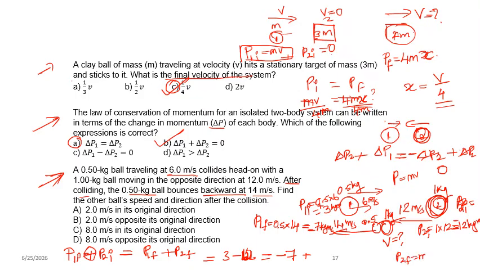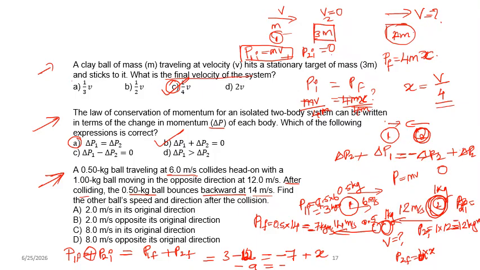P2F will be equal to mass, which is 1, into X, so it's just 1X, or X. Now you can rearrange the equation and solve. 3 minus 12 will become minus 9.